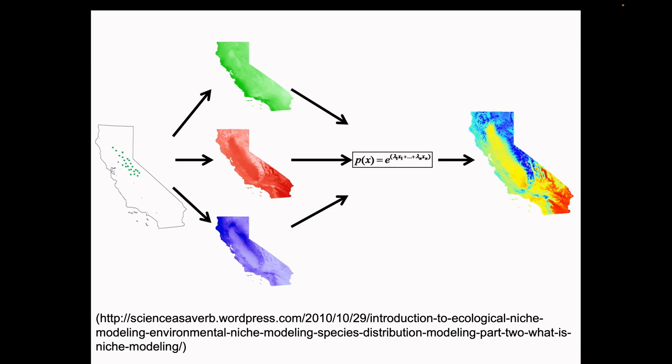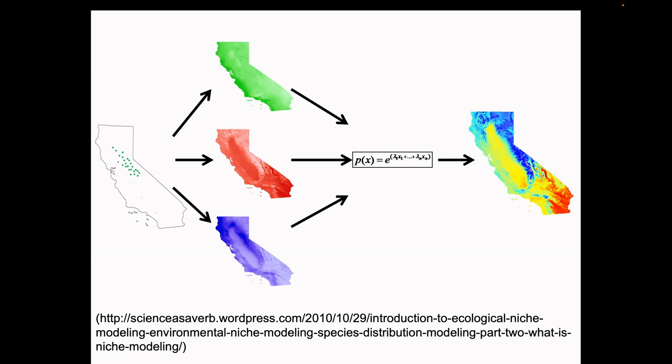And the software will make an equation relating the places where the species was found to what the environment was like at those places, and use that to predict how suitable habitat is for the species as a function of what the environment is like at different places.